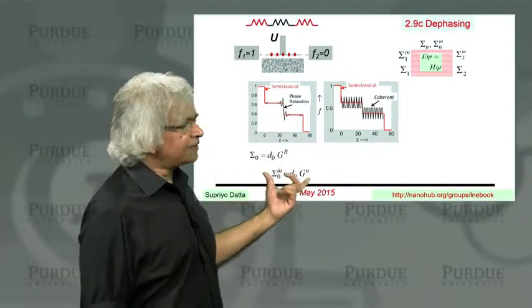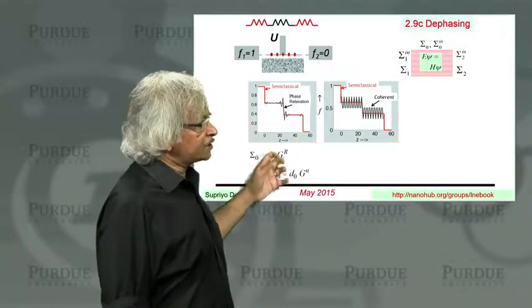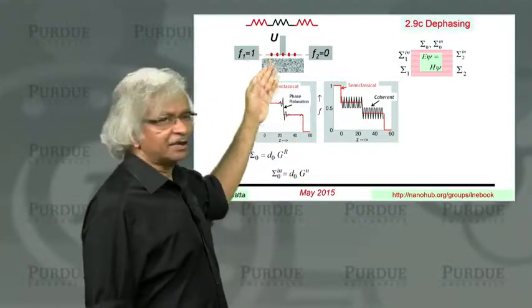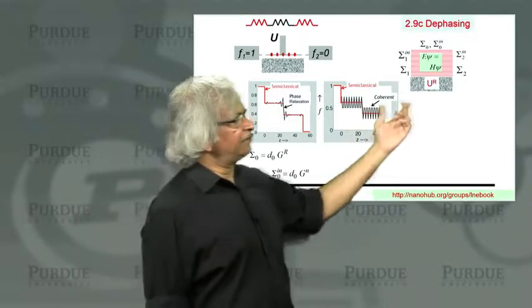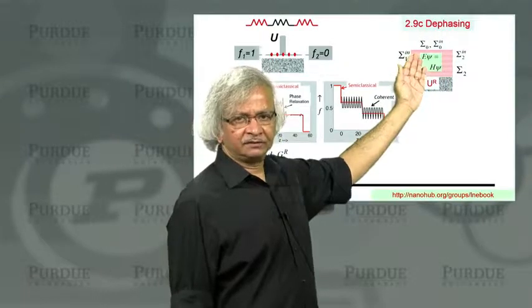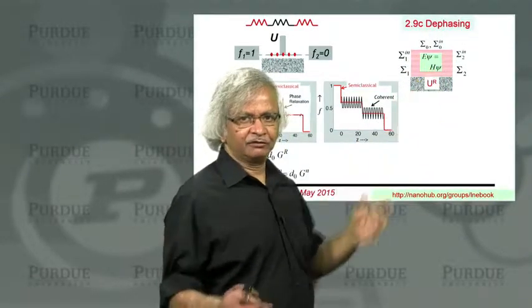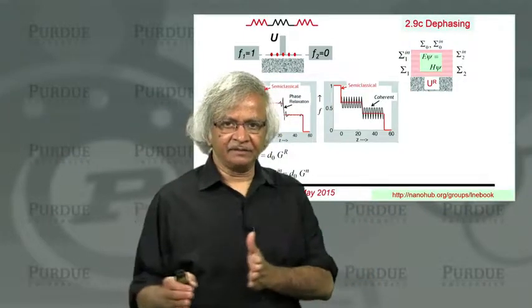Now, why does this work? How does it include this effect of random potentials? Well, you could think of it this way: you have E psi equals H psi inside your channel, and now you have a random potential which adds to the H, kind of like a UR times psi.